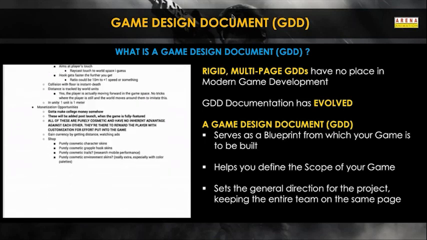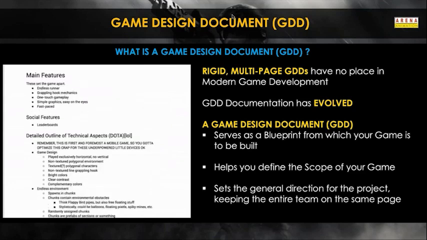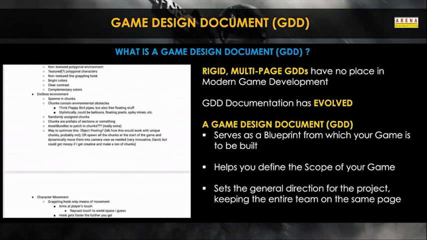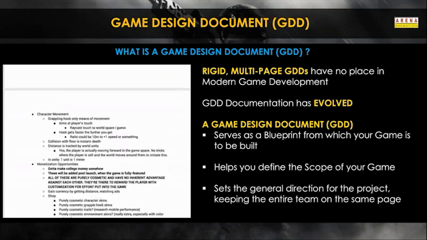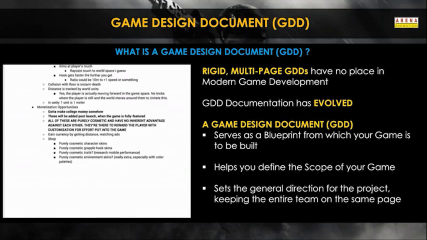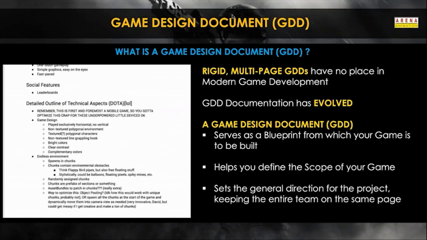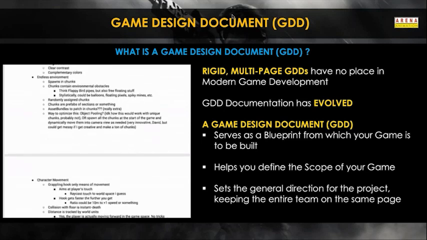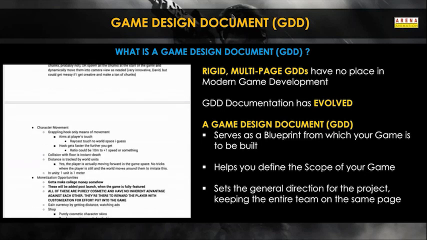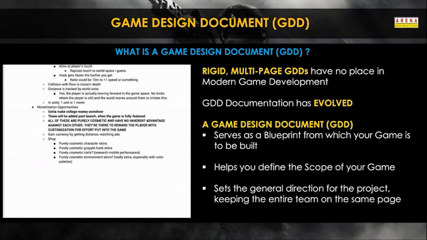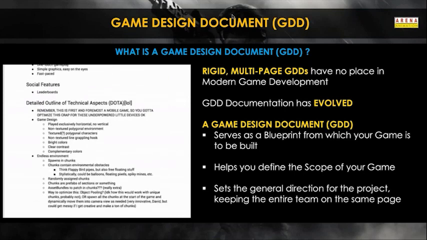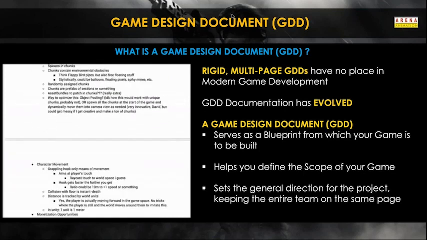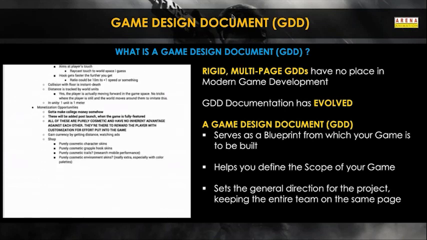So rigid multi-page game design documents had no place in modern game development. Because there were too many pages, 100 plus pages, with everything you can see on the left, it was not something the modern game development process was looking for.